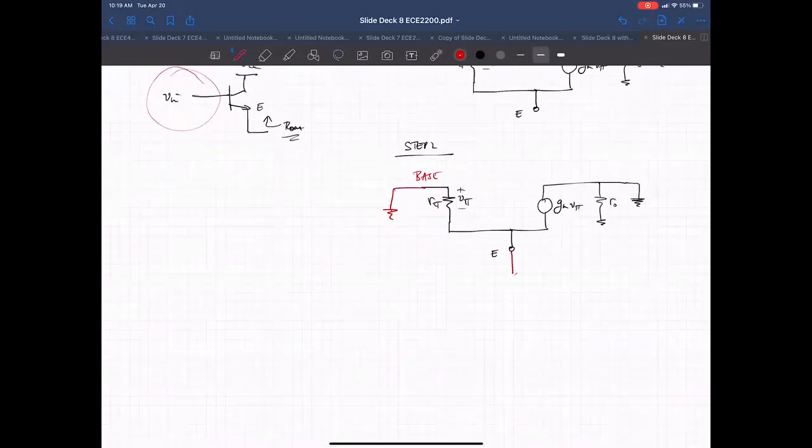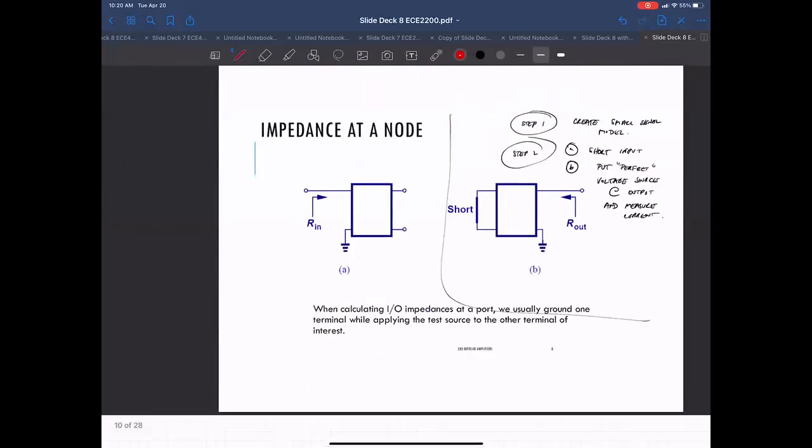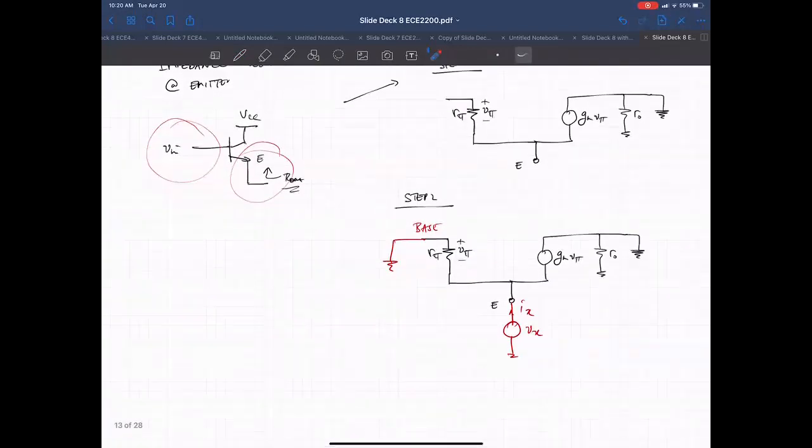And then I'm going to put a perfect voltage source on my output, which in this case is the emitter. And I'm going to measure the current. So again, this is a very general 2-step procedure for figuring out output impedances. No matter what you got, a black box, you short the input and you put your voltage source at the output and measure the current, okay? And so here we are.